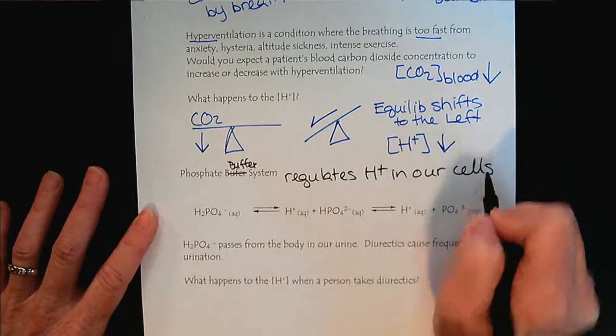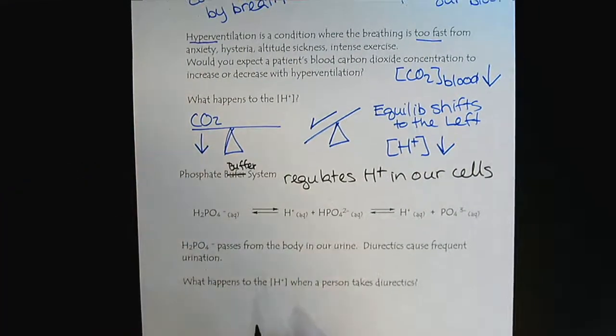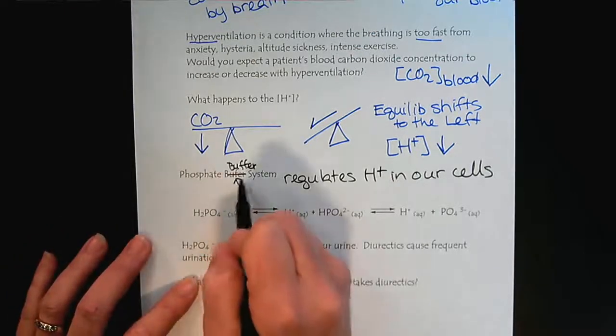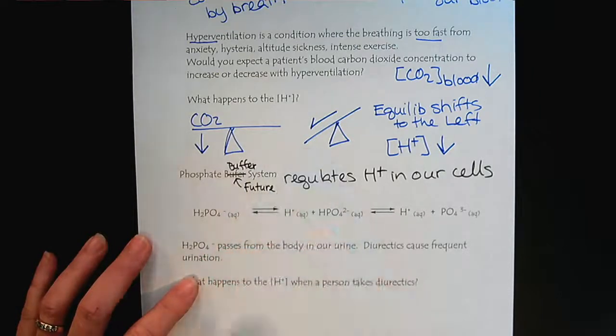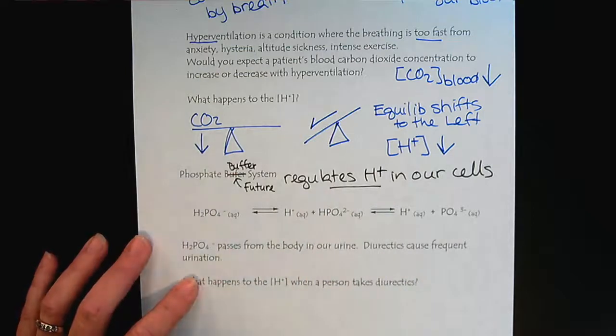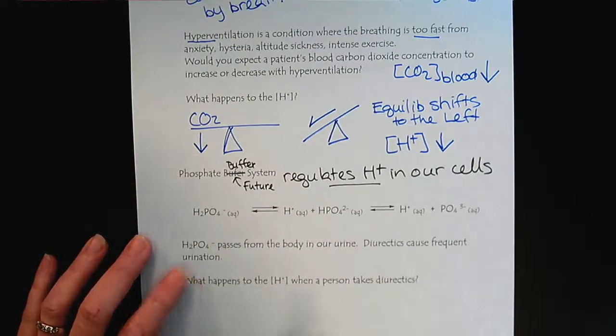So the bicarbonate and the phosphate buffer systems are two very important buffer systems, and there's a future tutorial that will talk about buffer systems, but the main thing is that they're related to controlling the hydrogen ion concentration. So that's all we need to know for now.